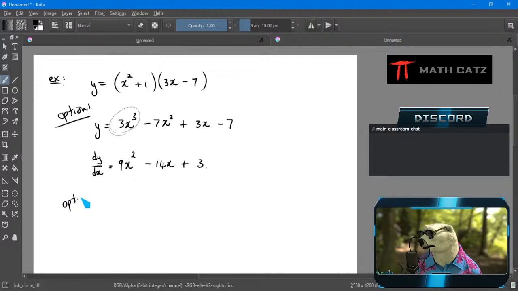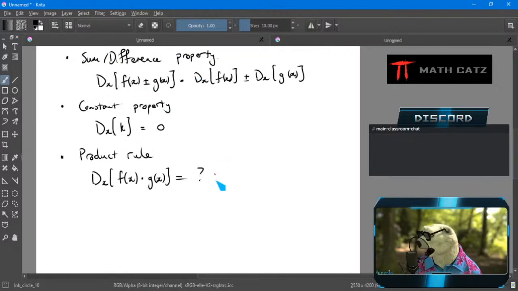Is there another option? Now let me make it clear. Yes, there is. I would have to be sure where this comes from. Now, I'm not going to do the whole thing because we don't need to. It sidetracks us a little bit. I'd have to go and set up the limit definition on this function.